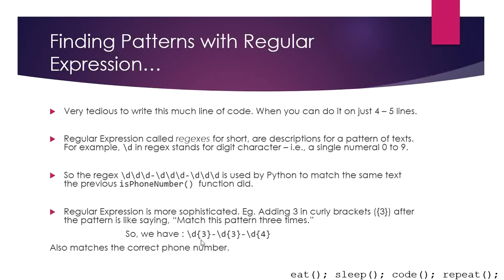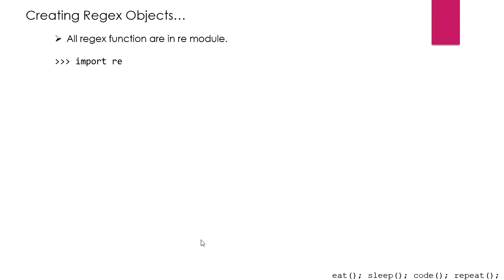We will write a program at the end containing everything we have learned. Let's move forward. Now, how do you create a regex object? For creating a regex object, you need to import a module called re. The re module is the regular expression module, and it is very important to import.